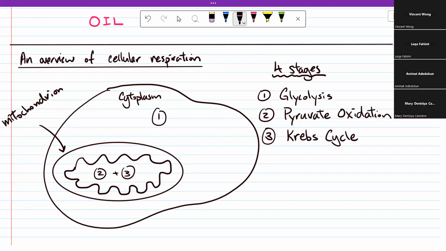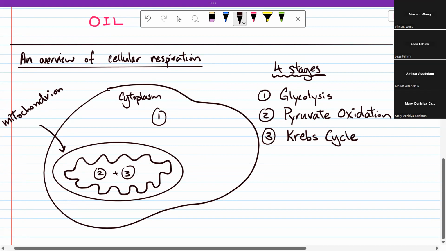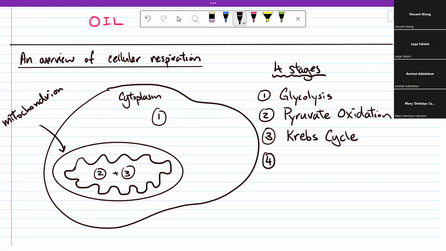Can someone tell me what that location is called? The matrix. The matrix, exactly. Number 2 and 3 happen in the matrix. Okay. We'll write these down later on, but if you want to add it to your notes, more than welcome to. And finally, we have the last stage, which happens right here.